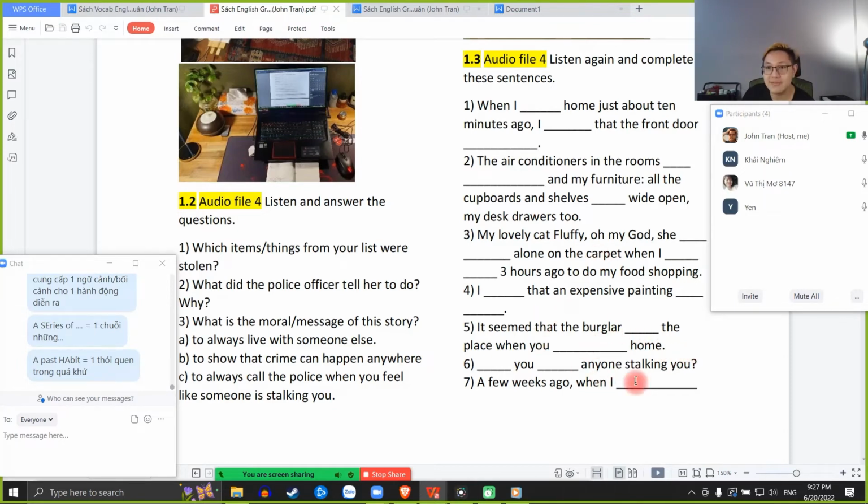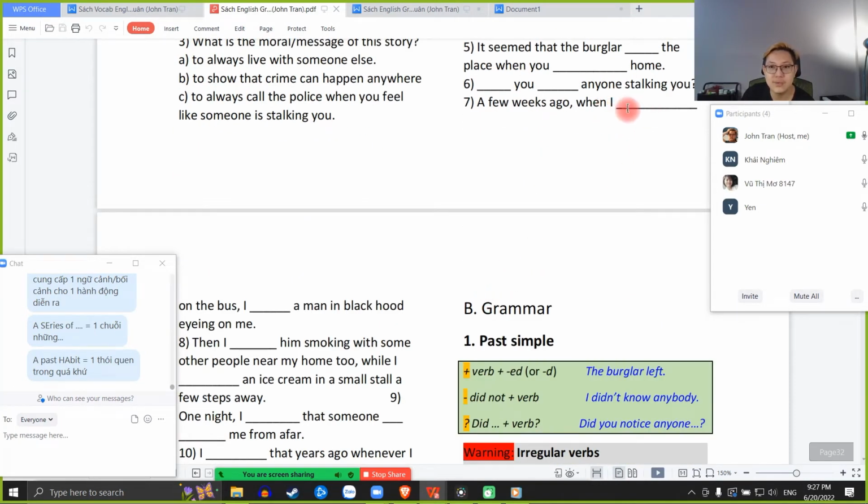Number 7. When I was traveling on a bus, that is a context. Khi mà tôi đang đi trên xe bus, đó chính là cái bối cảnh đấy. I saw a man in a black hood eyeing on me. That is an action. Cái hành động là gì? Tôi thấy một người đàn ông. Bối cảnh là gì? Khi tôi đang trên xe bus.